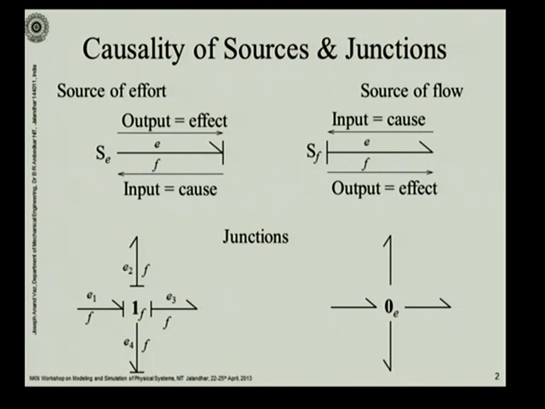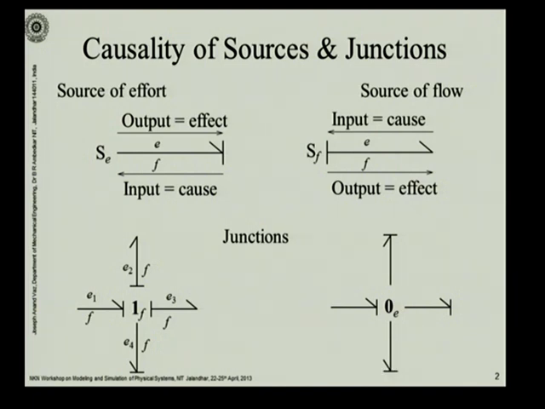Okay, and only one bond, by the same logic that we applied to the one junction, if we are to avoid any clash among the bonds, then naturally it is necessary to have a constitution for the zero element, and that is that only one bond should be bringing in the information of effort. All the other bonds should accept that information of effort, and so we can just accept this.